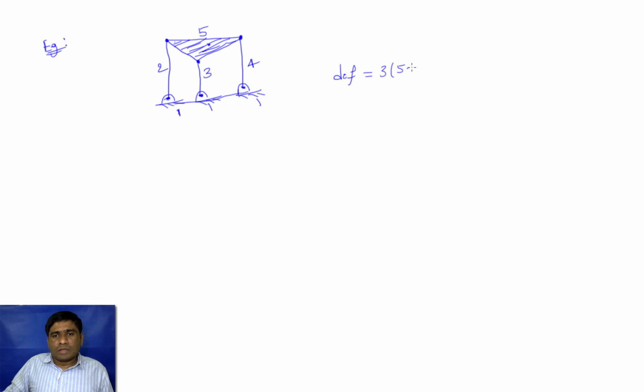So 5 minus 1, minus 2 into what is p? p is 1, 2, 3, 4, 5, 6. So 2 into 6, that is 12. 12 minus 12, so the degree of freedom equals 0.